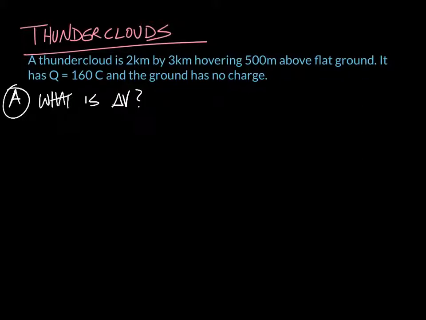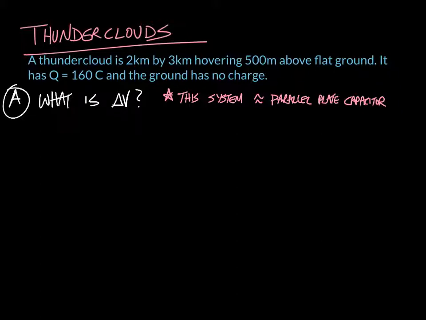Okay. So, first, this system is approximately a parallel plate capacitor. And the reason that it's approximately a parallel plate capacitor is because the opposite plate doesn't have any charge.